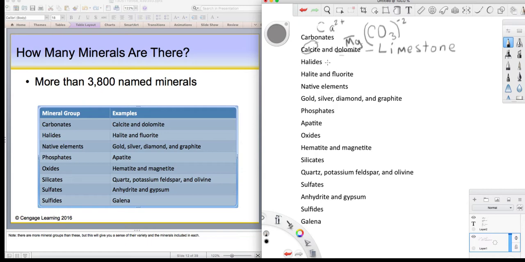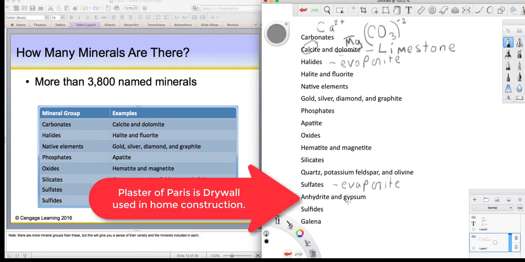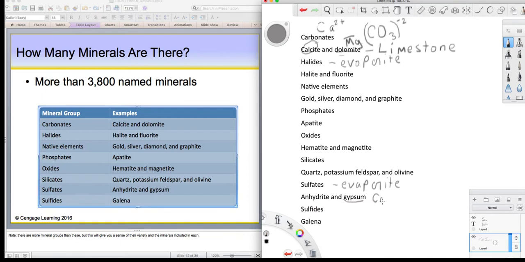Now for halides, these are often the evaporites, although the other evaporite mineral we see is gypsum, and so gypsum would be a sulfate down here. So anhydrite, gypsums. These guys are also evaporites, but the gypsum, which is plaster of Paris, is really a calcium sulfate.